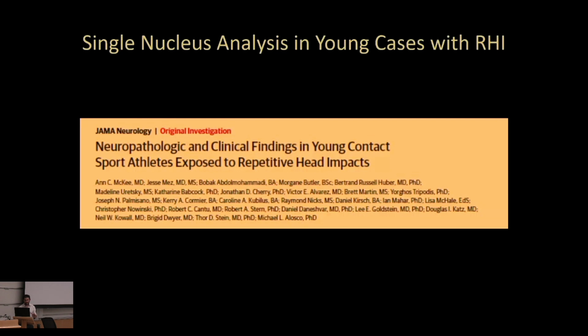And we want to focus on individuals who are very young, because that's a very important part of this work: looking at someone who is very young and might not have a lot of pathology yet. Can we see what's going on in the earliest stages of disease? We just put a paper out looking at young individuals under the age of 30. And I think the numbers were something like 40% of the cases that we saw that were under the age of 30 had some sort of CTE and CTE symptoms.